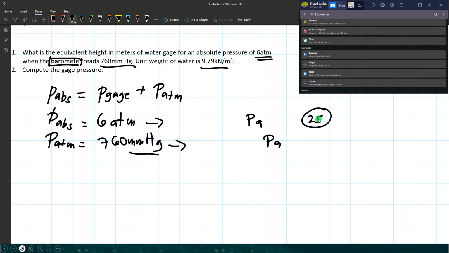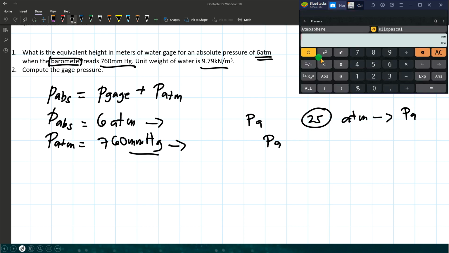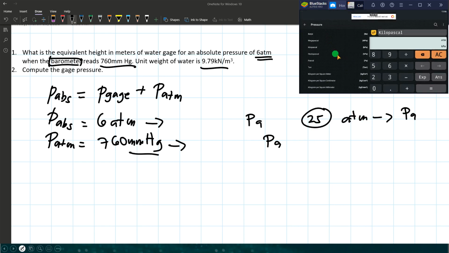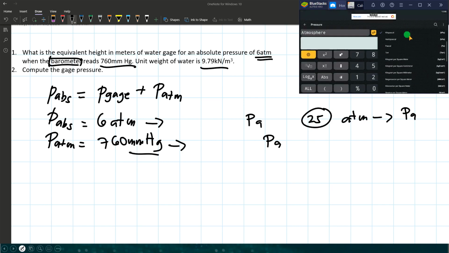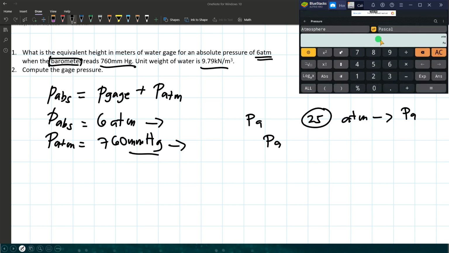Shift 8, Shift Convert, and press input number 25 to convert atmosphere to Pascal. So just input the value. It means 6 atmosphere is equivalent to 607,950 Pascal.